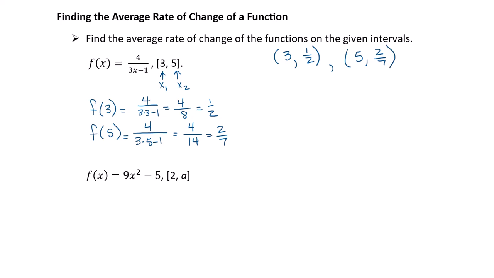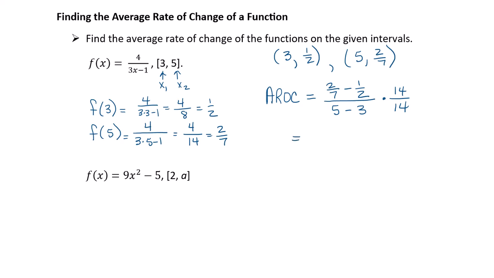And now we find the average rate of change between those 2 points. I'm going to have 2/7 minus 1/2 divided by 5 minus 3. I know this is an ugly fraction, but we could multiply by 14 over 14, and that would clean things up quite a bit.